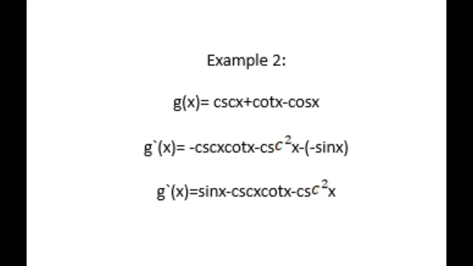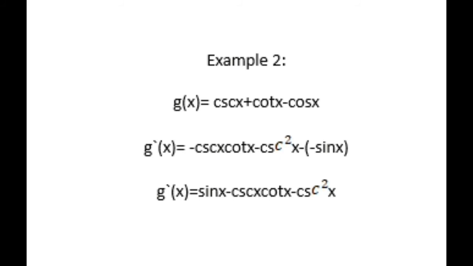So we have g prime of x is equal to negative cosecant x times cotangent x minus cosecant squared x minus the quantity of negative sine x. If we multiply the two negatives, it will become positive.